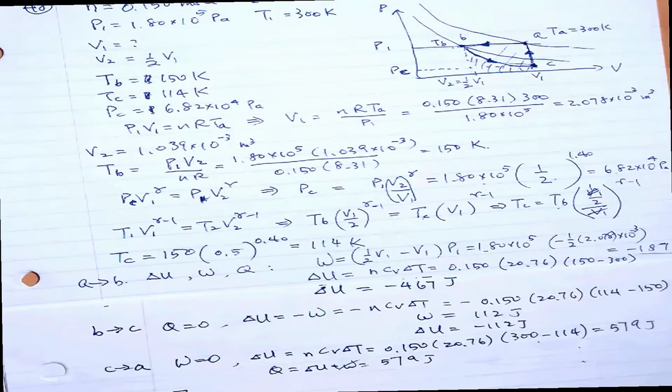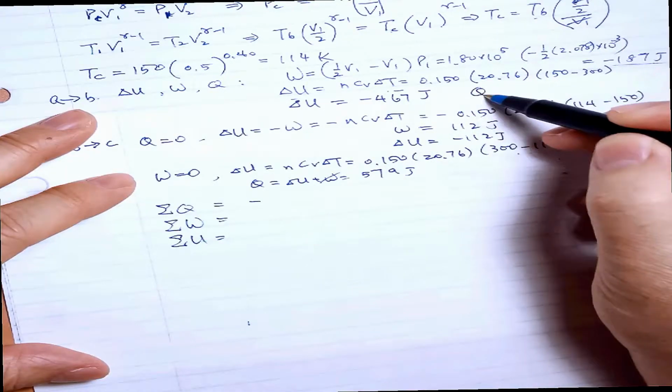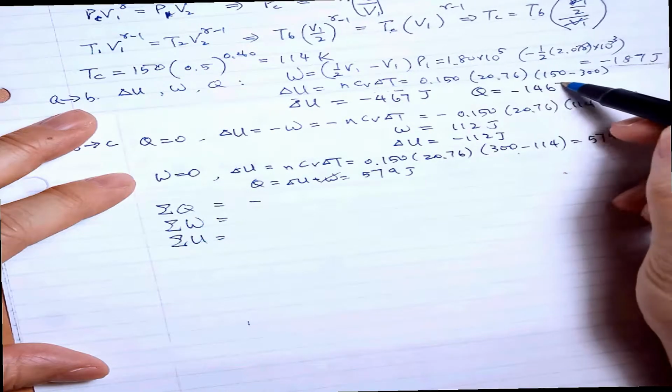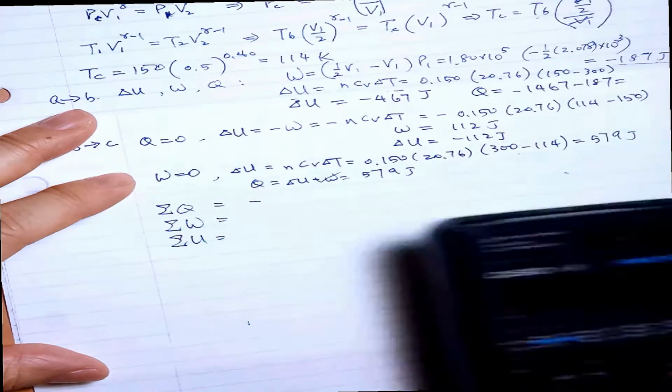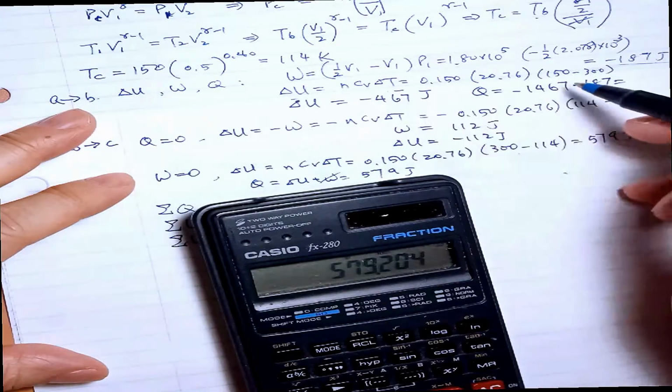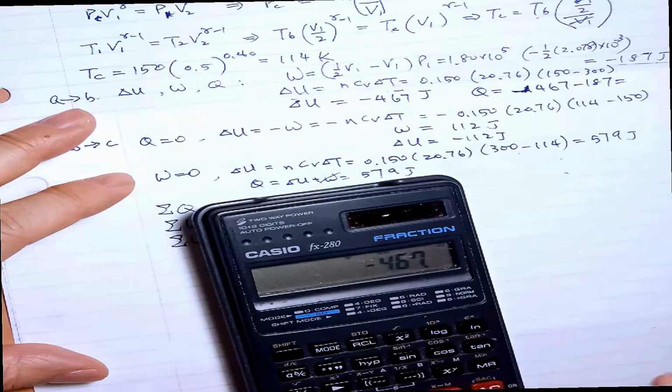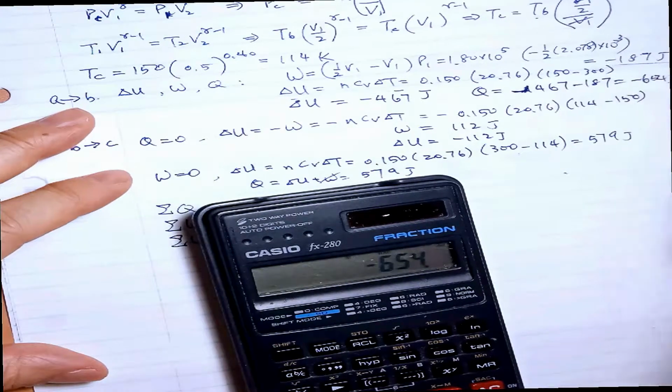So if you add up all the heat and all the work and all the U, let's see what they should be. Okay, the first heat is actually this plus that, which is negative 467 joules minus 187 joules, which is negative 654 joules.